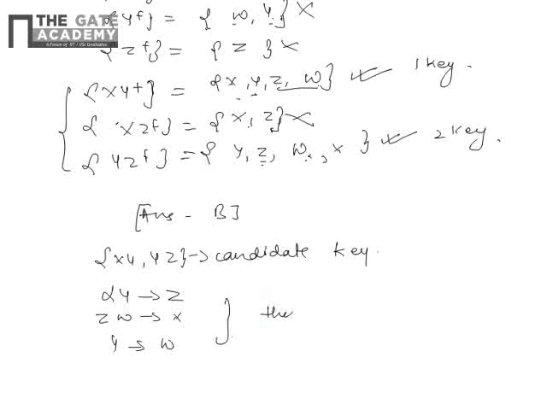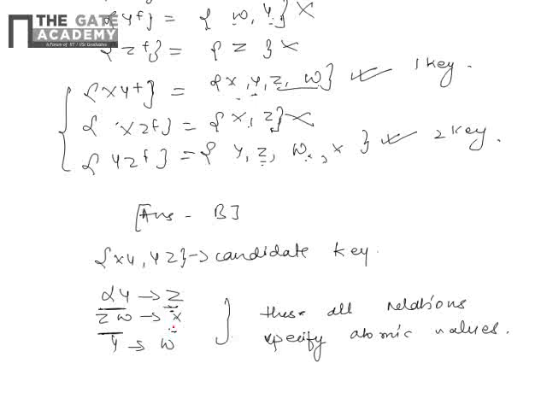These all relations specify atomic values. See, xy determines z, so z should not determine anything. zw is determining x, and z itself is not determining anything.